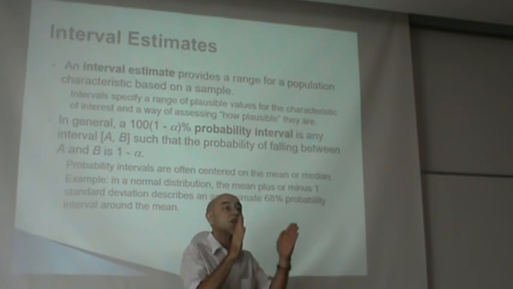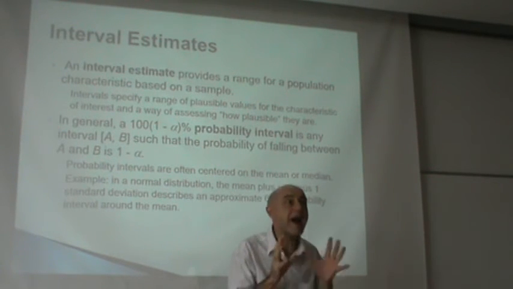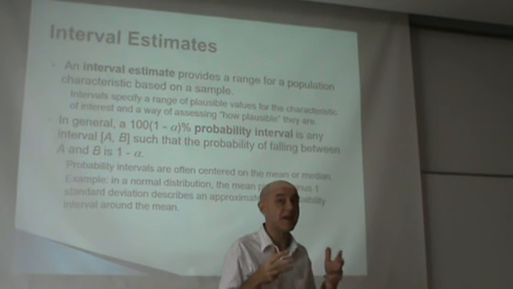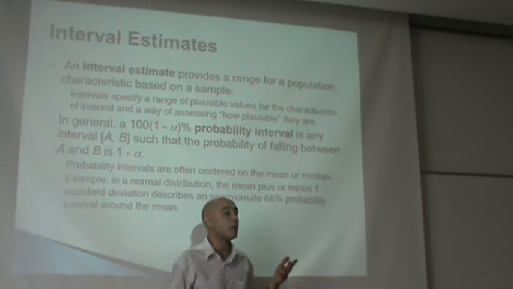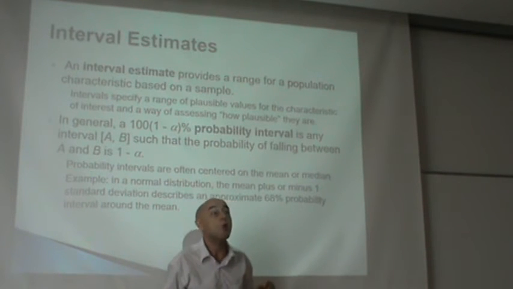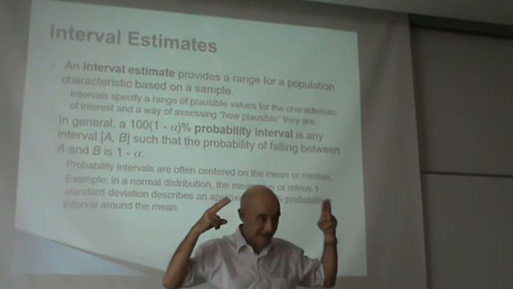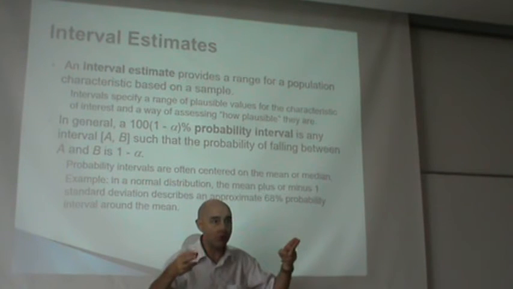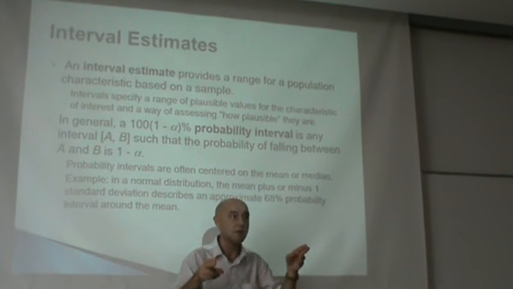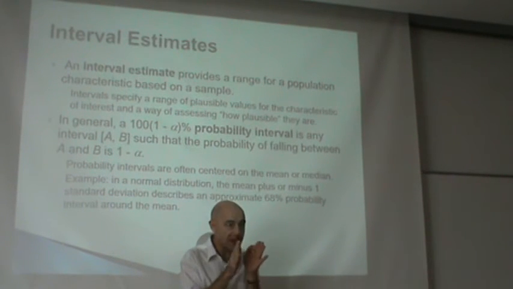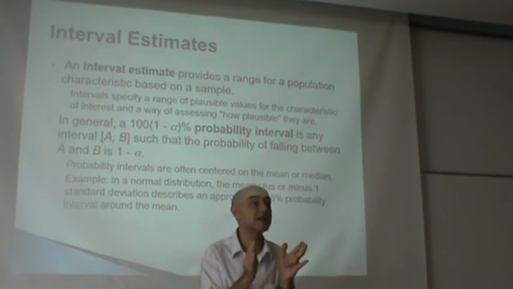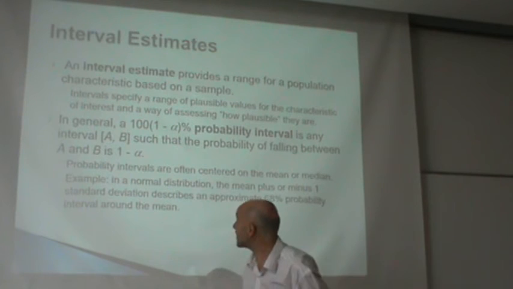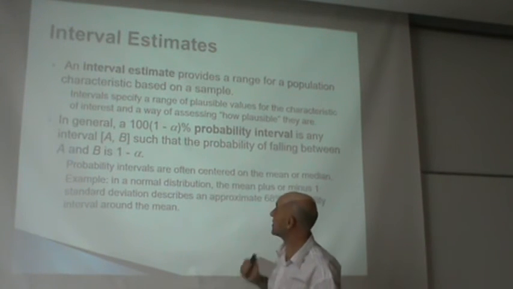So the interval will tell you how reliable the estimate is. In terms of probability, it will tell you the chance that the true mean is inside that interval. What's the probability that you're inside that interval? And that's called the confidence interval.